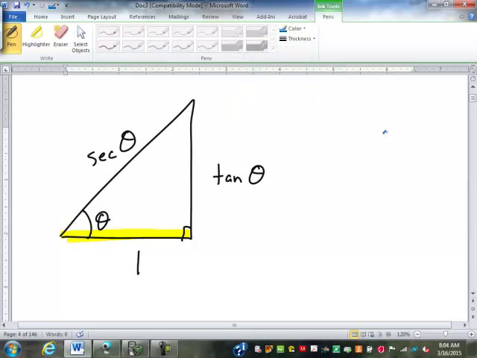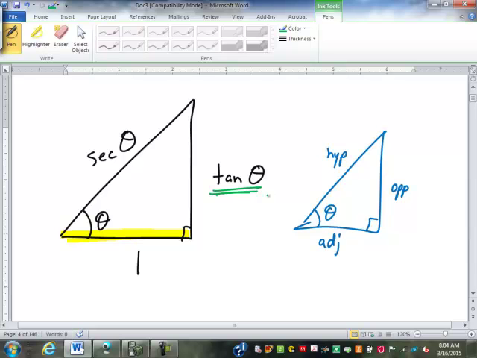So now if we're looking at any other generic triangle, notice it doesn't matter whether I draw the triangle bigger or smaller than the one from the unit circle. Looking at this triangle, this is still the adjacent side to that angle. This is still the opposite side, and this is still the hypotenuse. If I am looking to find the tangent, however, the side that I know the length of is no longer the hypotenuse of this triangle from the unit circle. This is the side that I know.